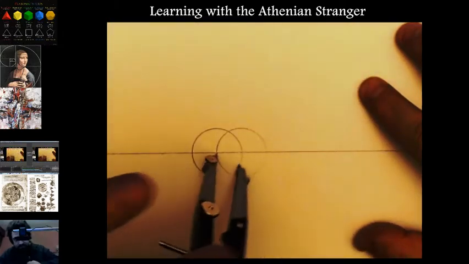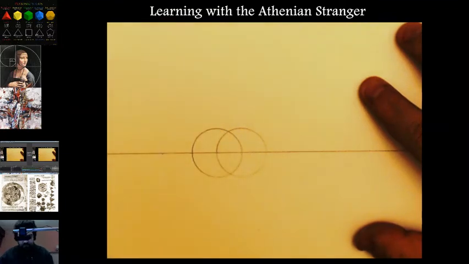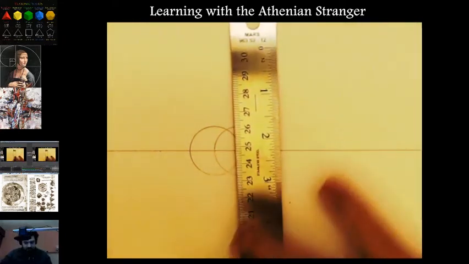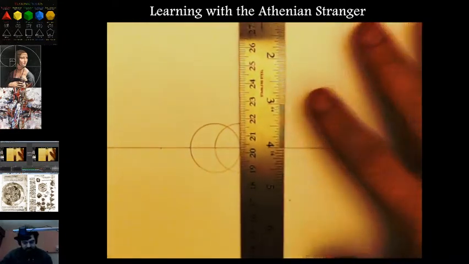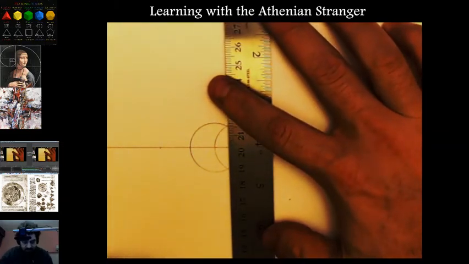Looks like a Venn diagram. And from the vesica, we may draw a perfectly vertical line. Perfect in the sense that it's derived from the circles and not from our eyeballing it or something.